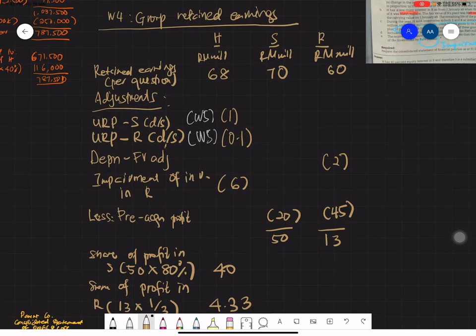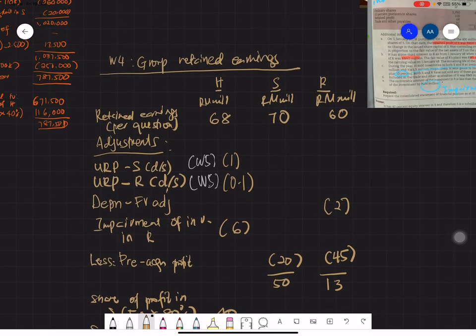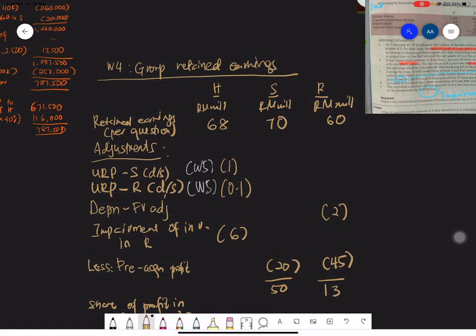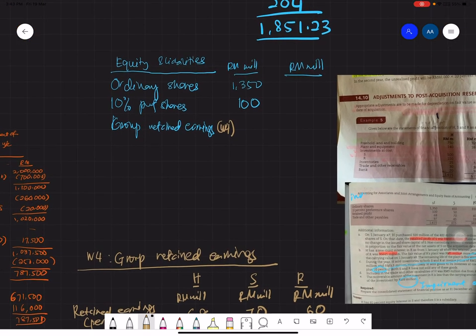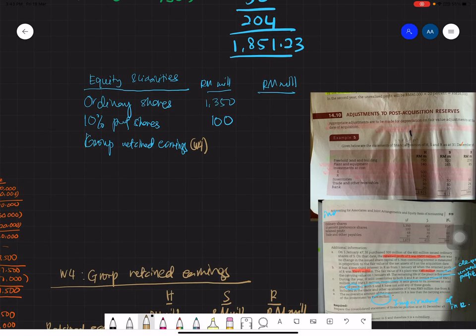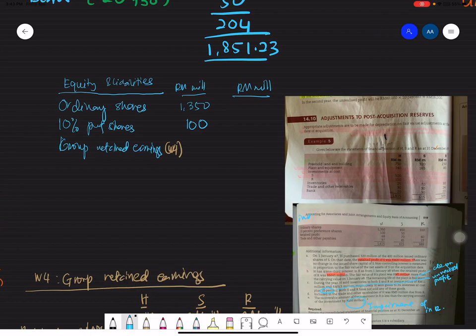Be careful with adjustments in relation to whose account. You need to know. So it will be included in the necessary column. So 105.23.